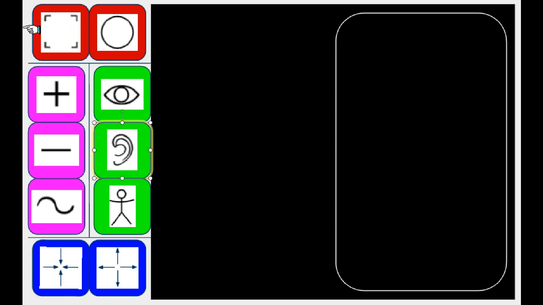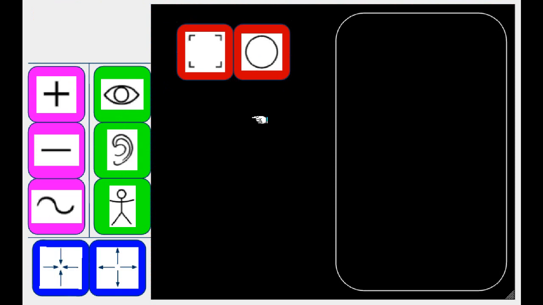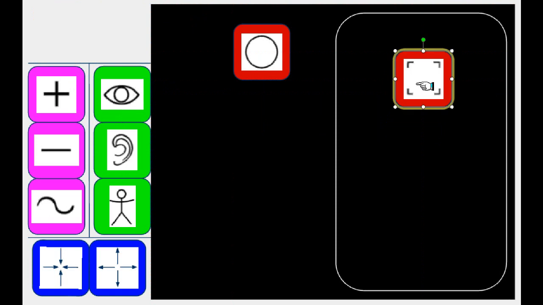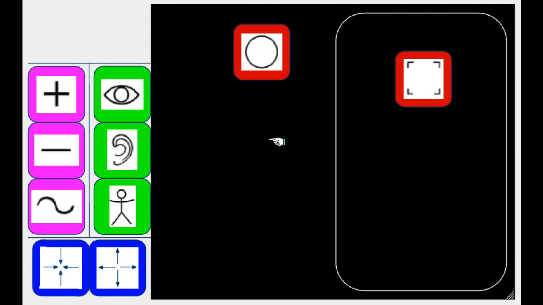What we'll begin with are these two cards, which we call our skill cards. This skill we refer to as focus. The focusing skill means that we pay attention to something, and has two aspects.